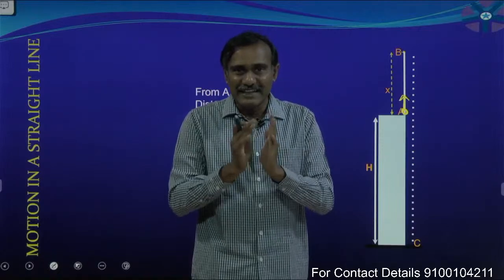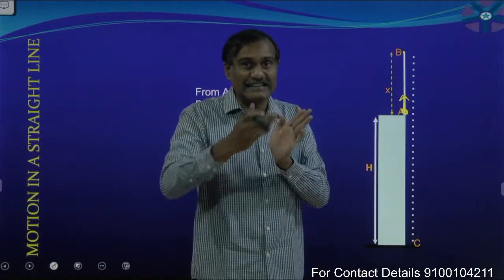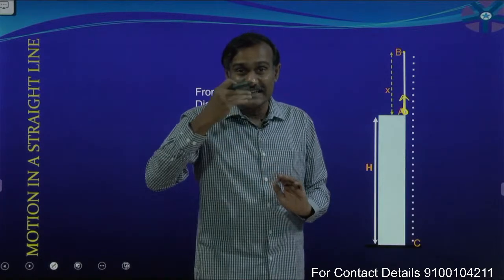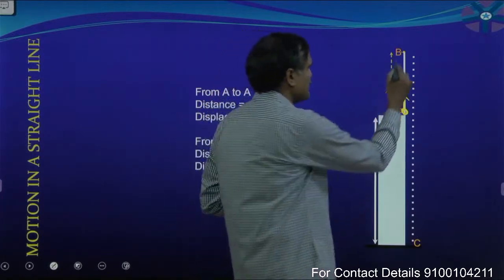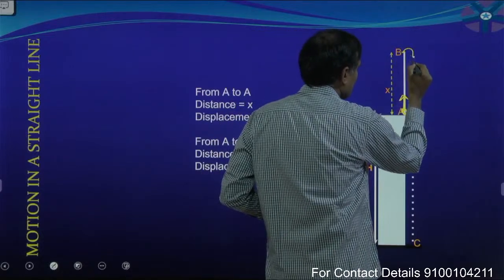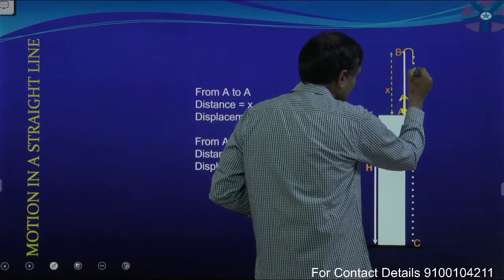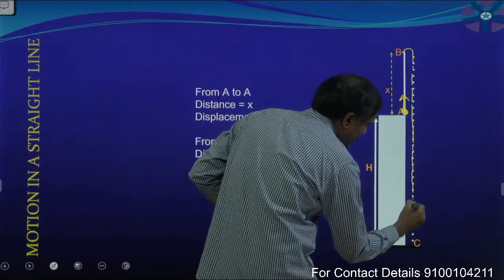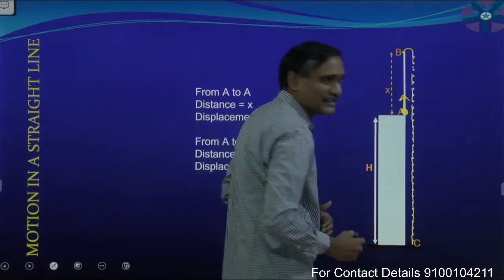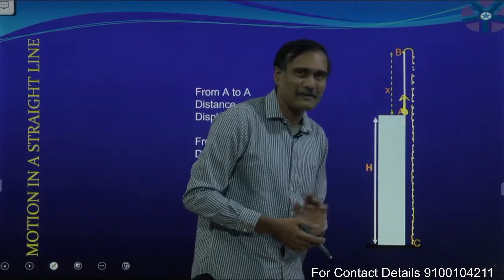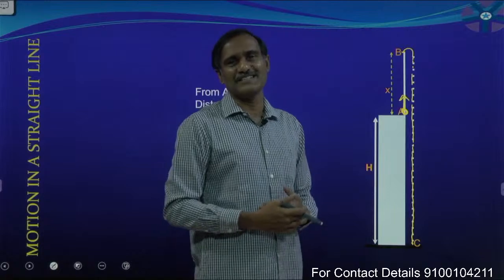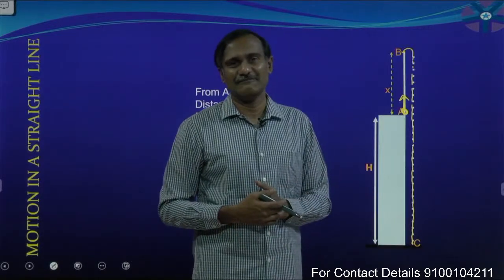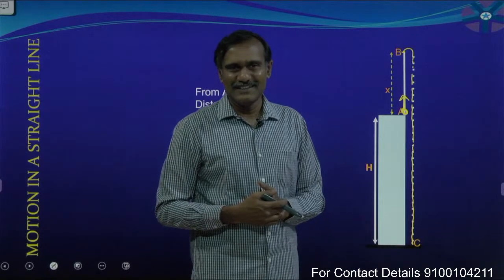But here I am assuming that it deviates from its path. Then it moves in the downward direction and hits the foot of the tower. It crosses the top of the tower because it deviates from its path. So, it hits the ground.